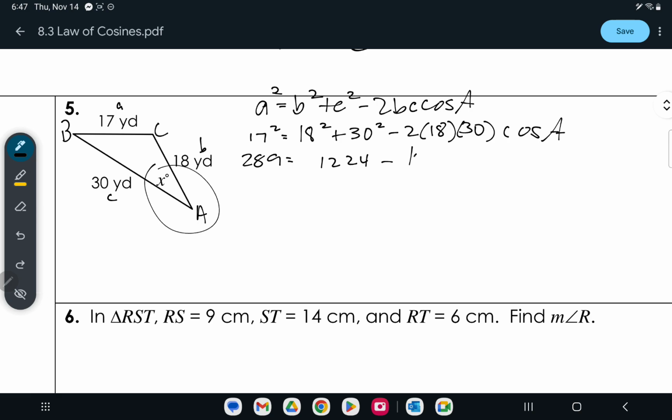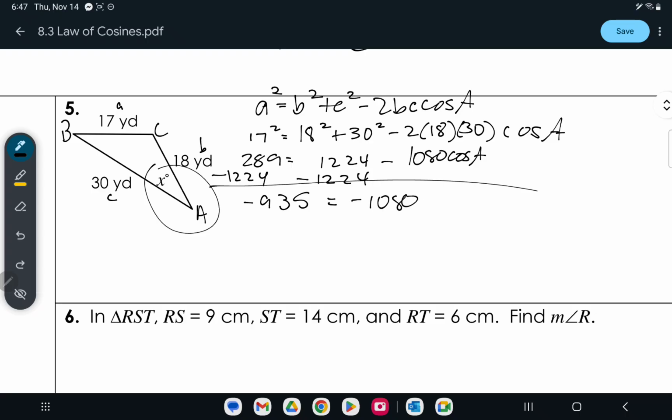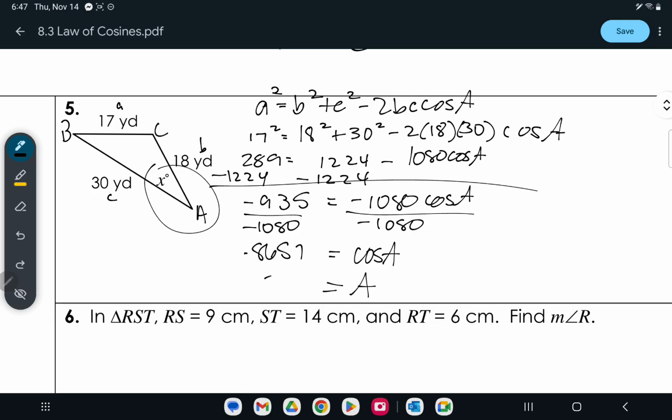Minus 1080 cosine A. So then I will subtract that to get negative 935 equals negative 1080 cosine A. So we'll divide both sides by negative 1080 to get cosine A is 0.8657. And then we can do the inverse cosine of both sides, and we'll get that angle A measures 30 degrees.